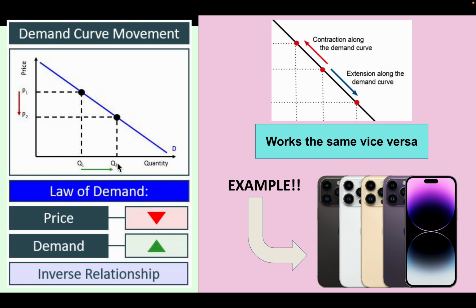So it's an inverse relationship, and it's a movement along the curve. You could just say it moves along the curve, but you could also be fancy and say a contraction along the demand curve and an extension along the demand curve, when it goes left or right. It works the same vice versa. Pretty sure this is quite self-explanatory.